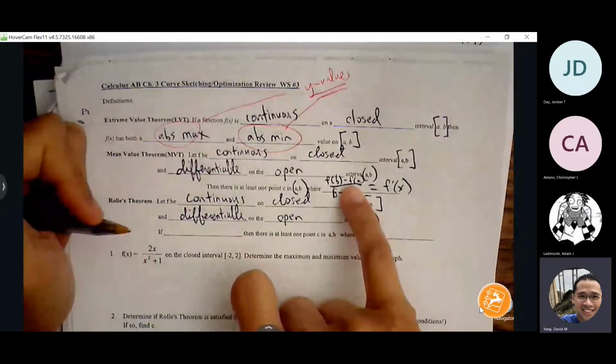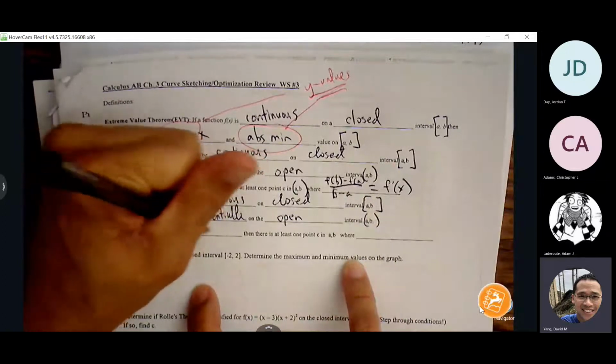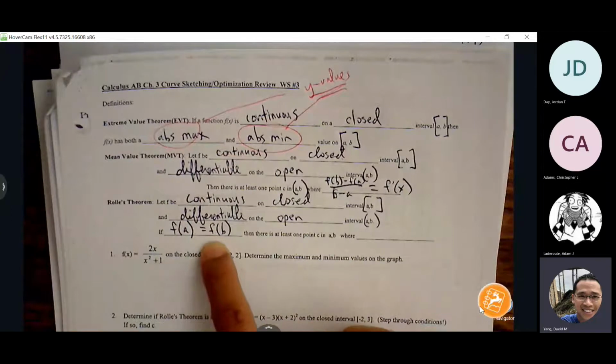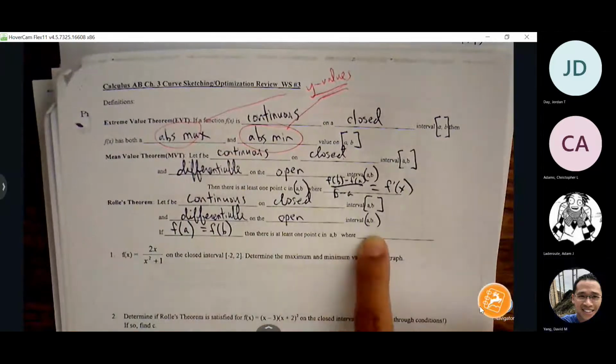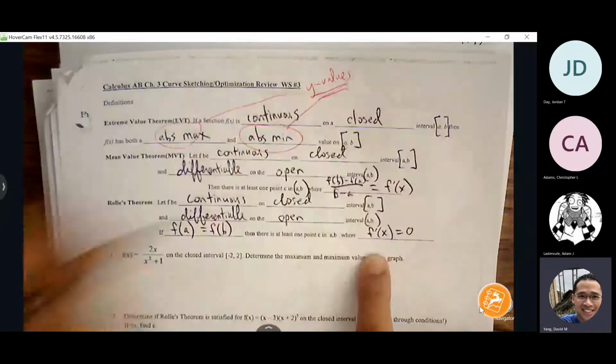We are still finding endpoints, but the endpoints have to be level with each other. That way we can guarantee that there must be a slope 0. Once we guarantee slope 0, we set that equal to the derivative.